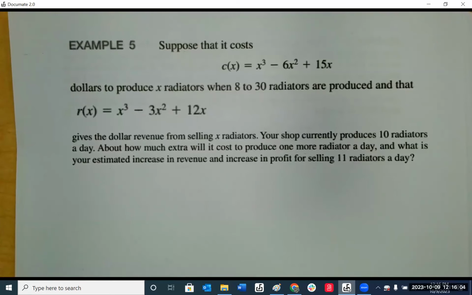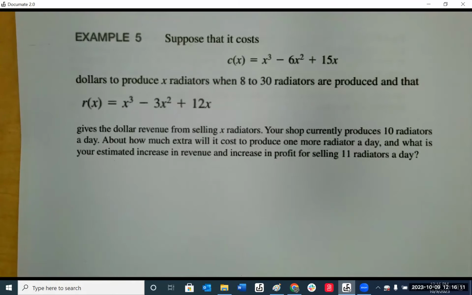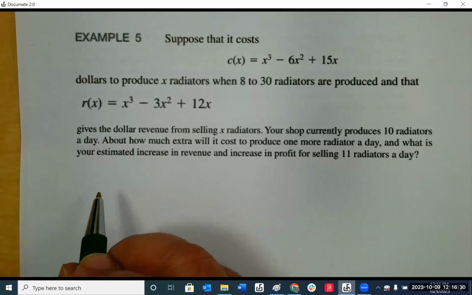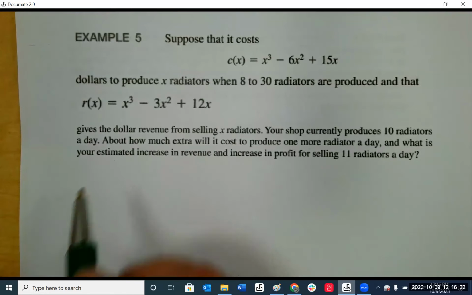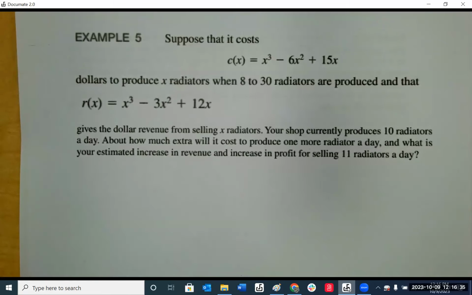So, what do we do first? What is it asking us to find? Right, so how do we do that? We know the marginal change would be what? Well, because we're trying to increase it one more per day.